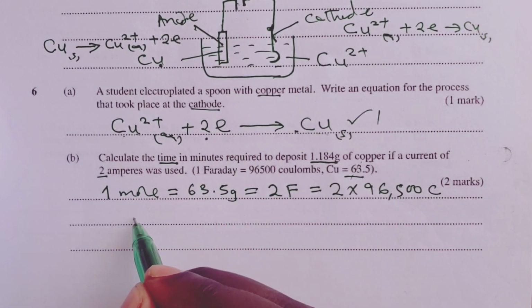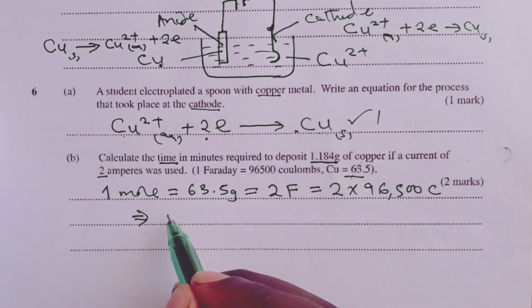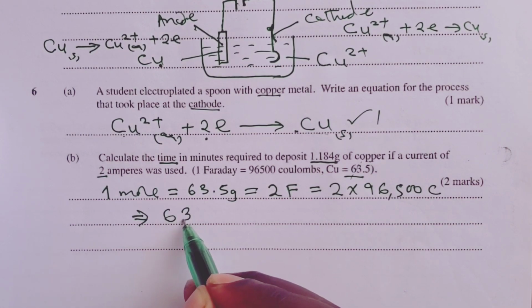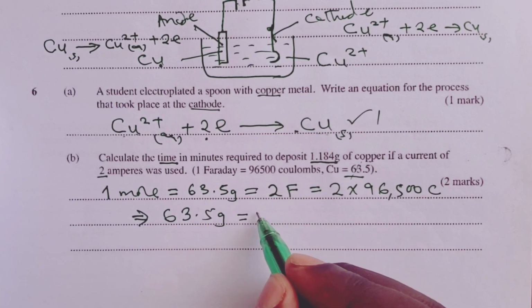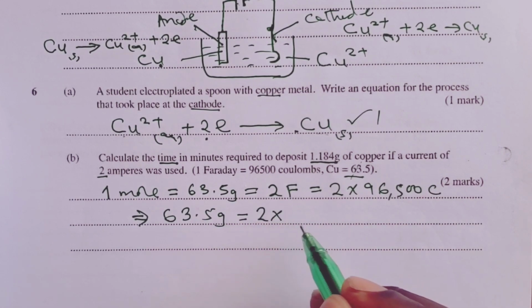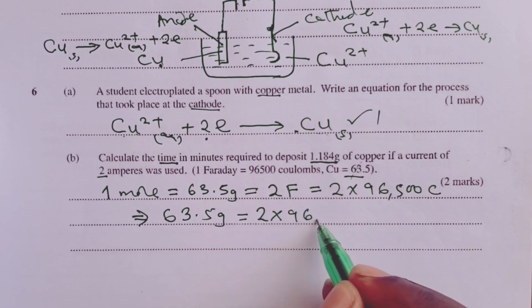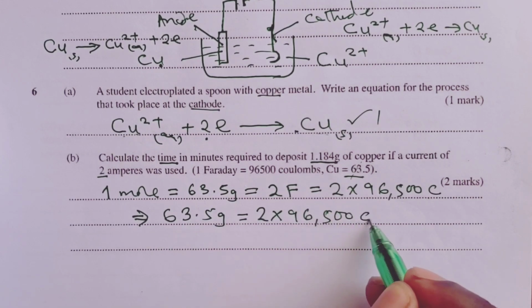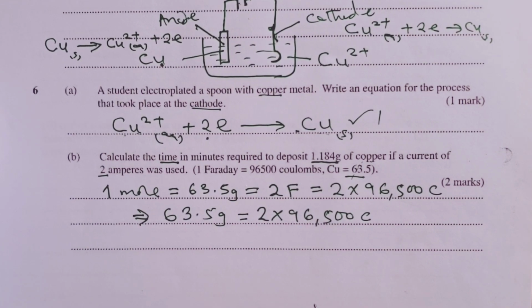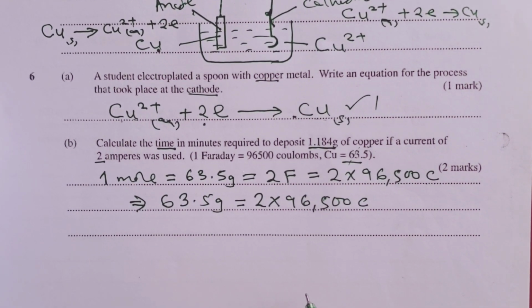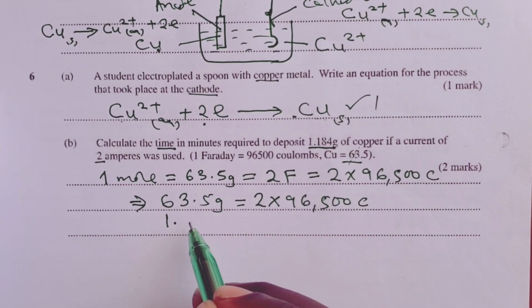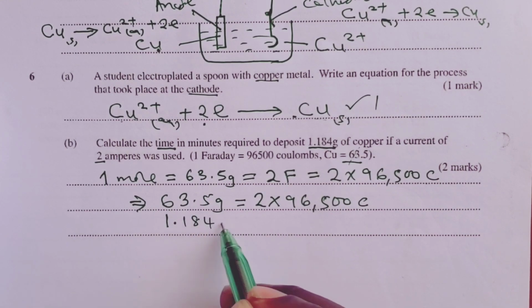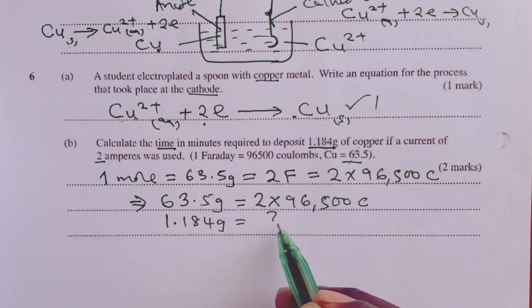So from here, we understand that to deposit 63.5 grams, we shall need a quantity of electricity equivalent to 2 multiplied by 96,500 coulombs. But from the question, we are told we only needed to deposit 1.184 grams. So how much quantity of electricity do we need?